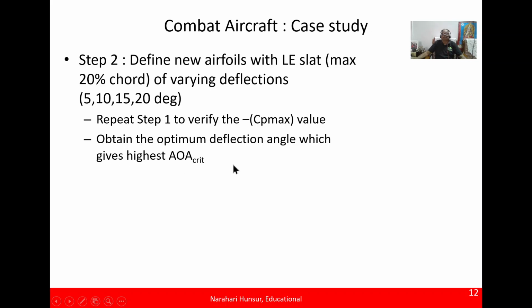Obtain the optimum deflection angle at which you get the highest critical angle of attack. For example, a symmetric airfoil, if it was stalling at around 10 degrees, a 5-degree slat deflection may increase it to 12 or 13 degrees. Beyond 20 degrees deflection, there is no point, as not much benefit is given.